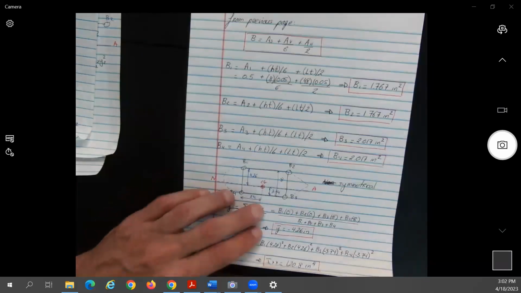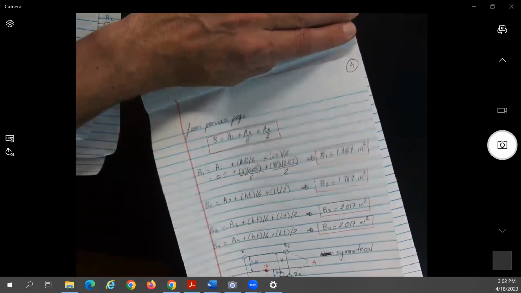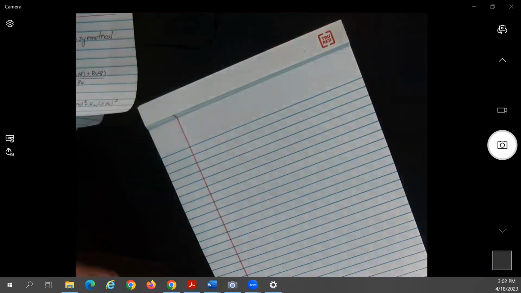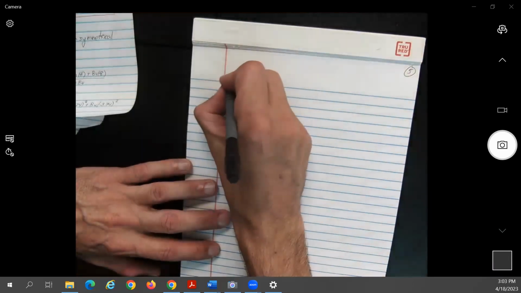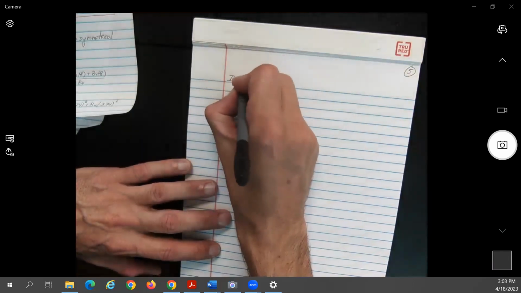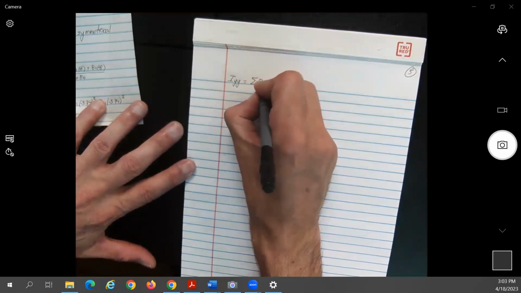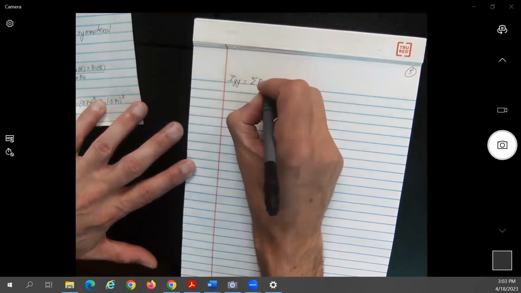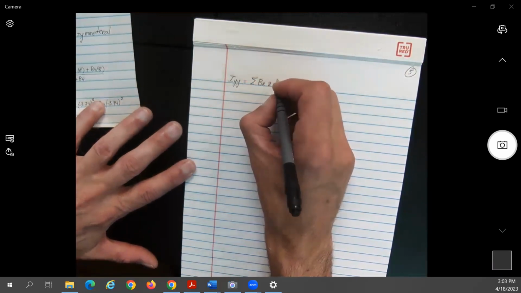Okay, so now we're going to do the IYY. So the IYY should be equal to what? The summation of the B sub R times, so what do we have?